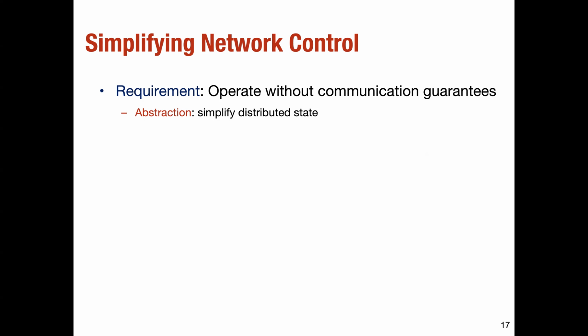So the abstraction that can enable this simplification is the distributed state, right? All these routers have some distributed view of the network, and the goal should be that we develop an abstraction that simplifies this distributed state, right?